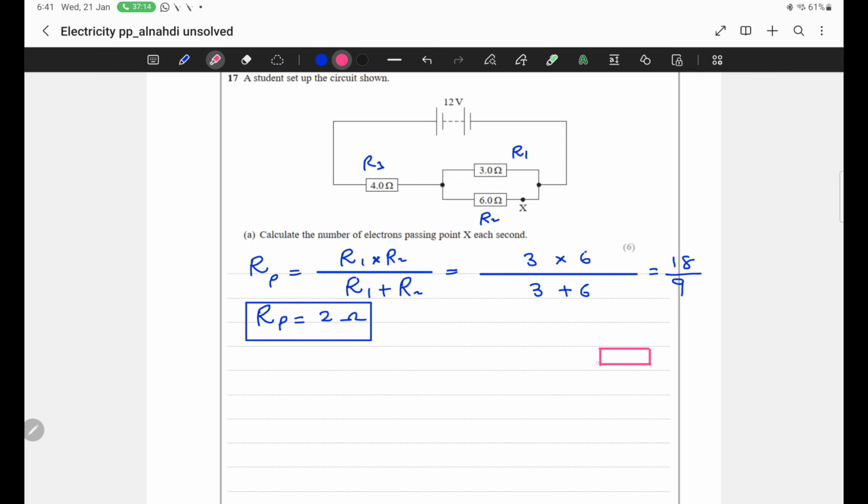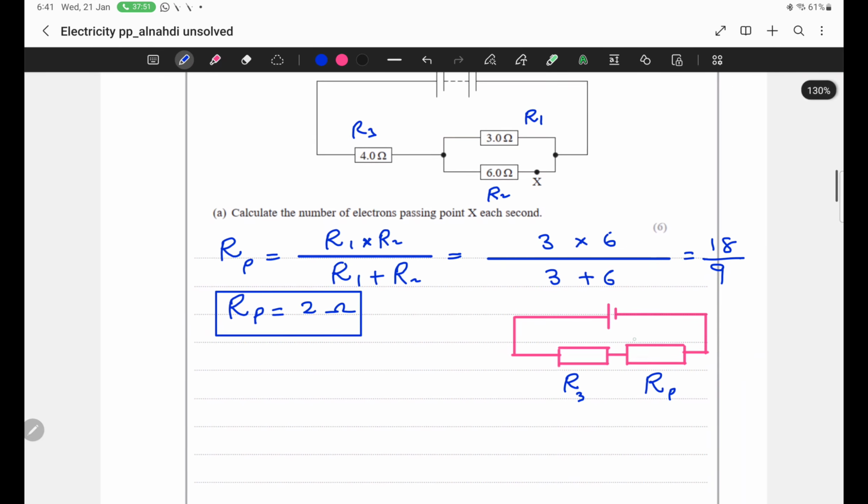And if you draw this circuit, it will help you to understand and to calculate the next part. Now this R3 is as it is, and R1 and R2 are combined as RP.